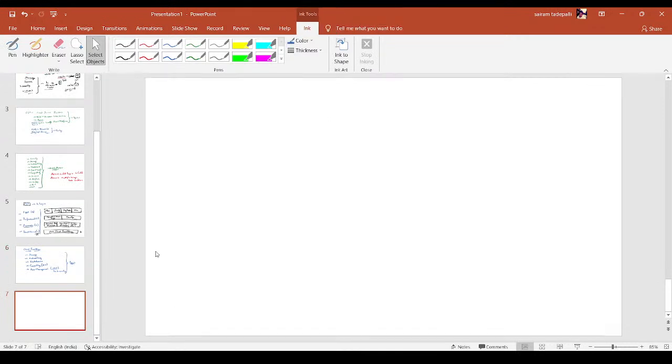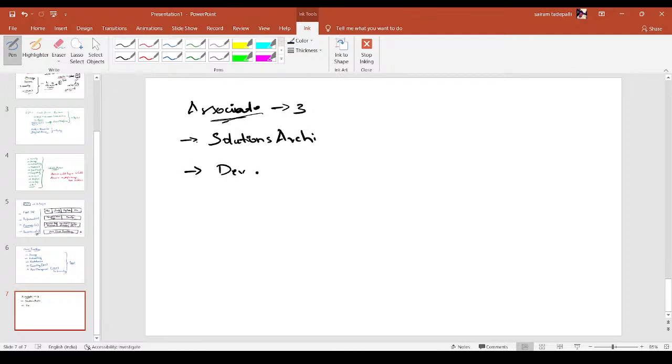So next one is associate level. In this associate level, you all know that we have three different types. First one is solutions architect, second one developer associate, third one sysops admin.